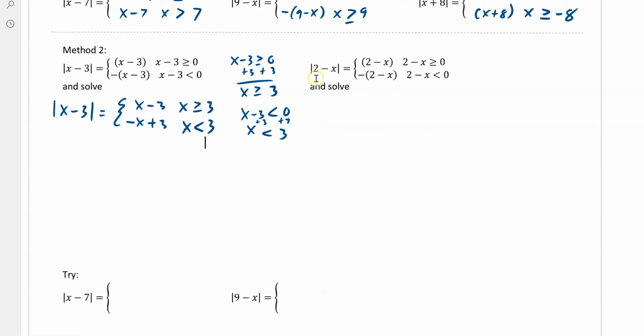So the same thing would happen here. This is 2 minus x, so we'd put 2 minus x and 2 minus x. One positive, one negative. And we put the 2 minus x again here with a greater than 0 for the positive and a less than 0 for the negative, and we simplify.